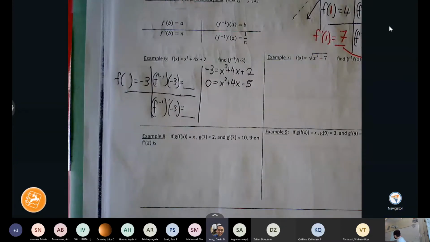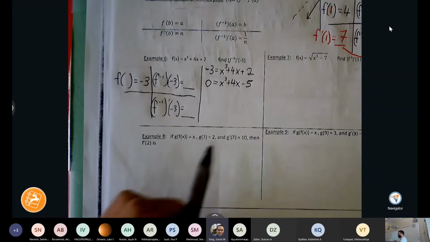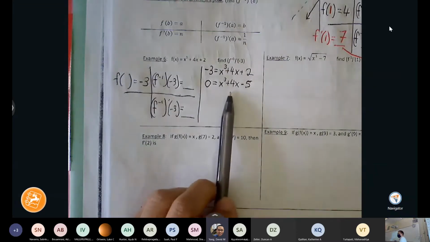Now we're going to see with some of these problems that it's not factorable, which means that we can't solve this going through the factoring method. We can't do the quadratic formula. So we're going to go through guess and check.